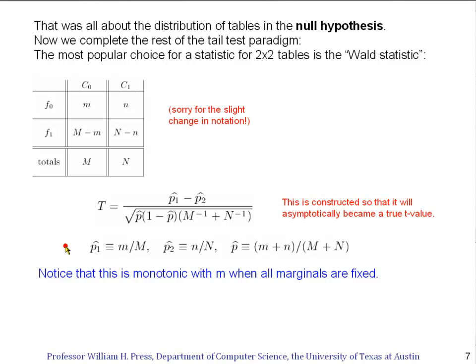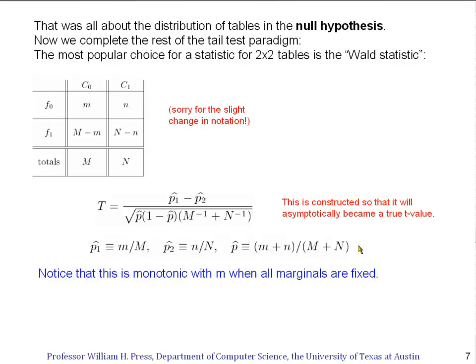Let's start down in this line. First, we're going to compute a probability. We're going to estimate, I should say, the row probability. And we do that by adding m and n and dividing by the total of capital M plus capital N. So that's just a variable we're going to call p hat.